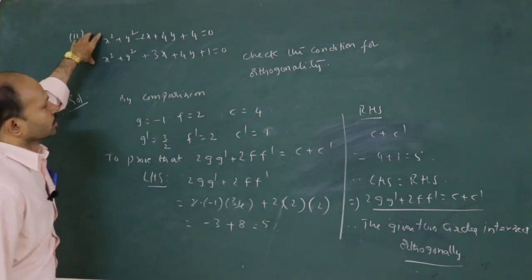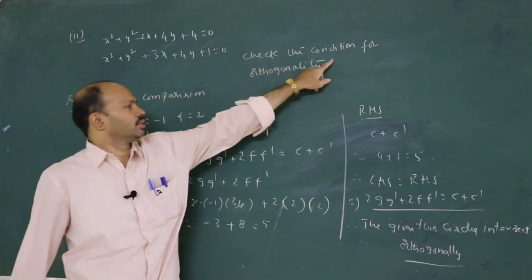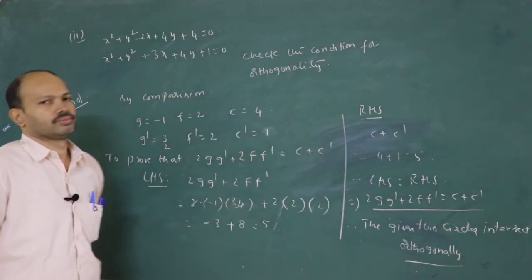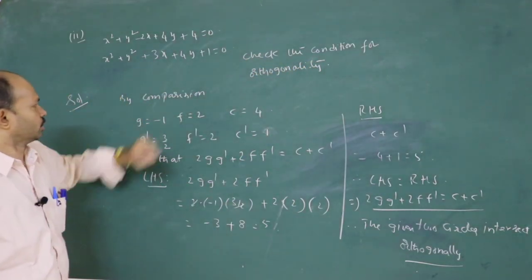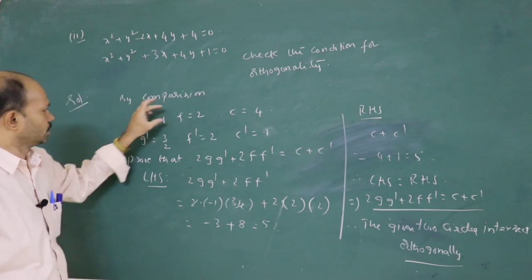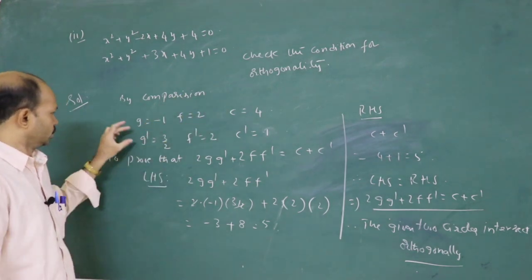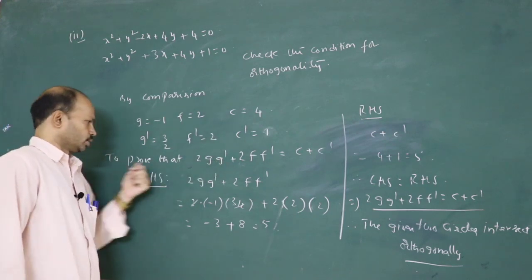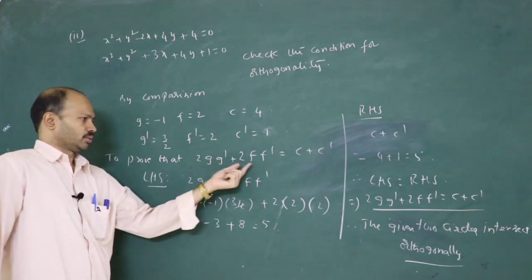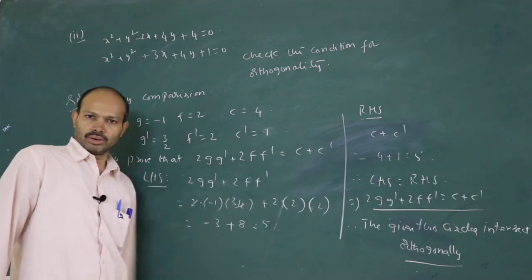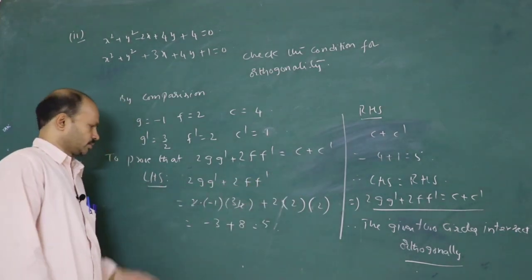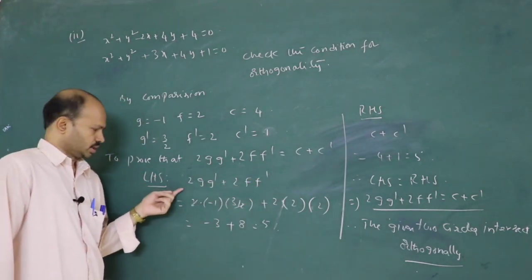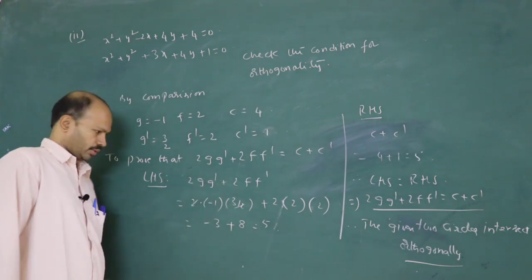Consider the given two circles. We have to check the condition for orthogonality. By comparing with the general circles, g, f, c, g dash, f dash, c dash, we have to show that 2gg dash plus 2ff dash is equal to c plus c dash. What is the left hand side? 2gg dash plus 2ff dash.